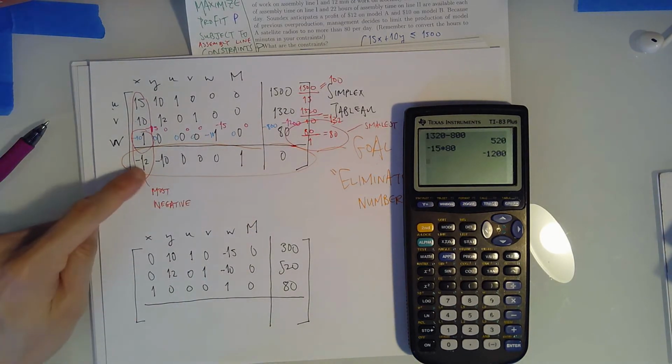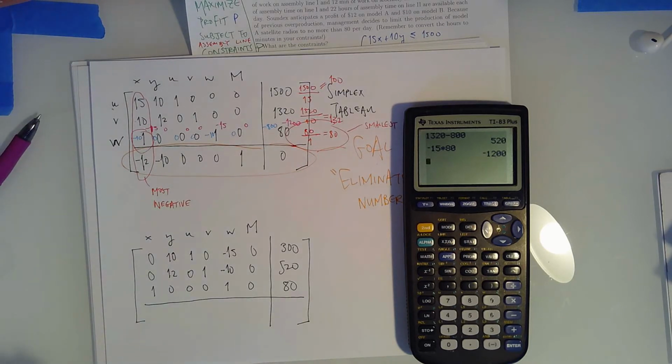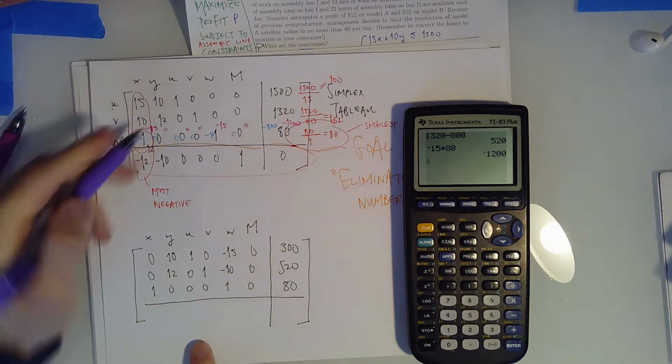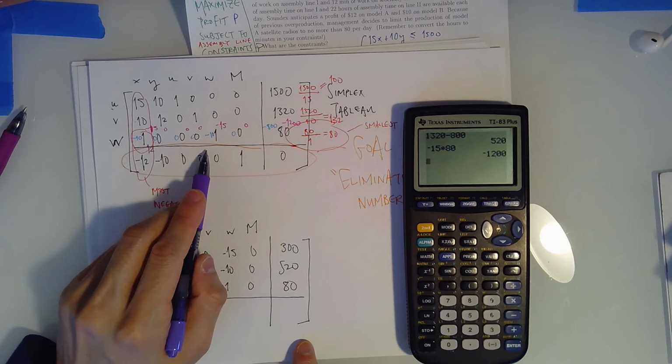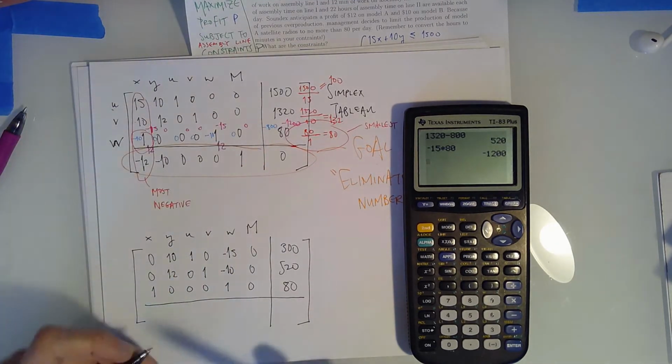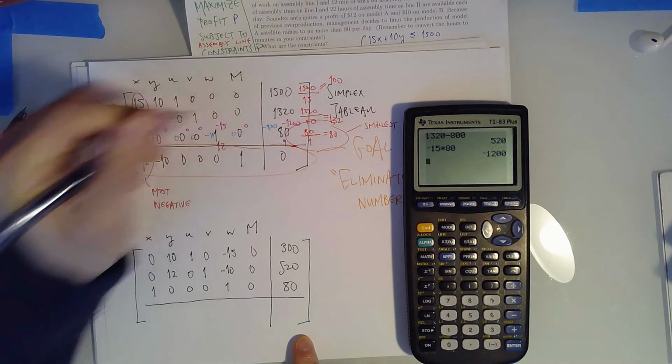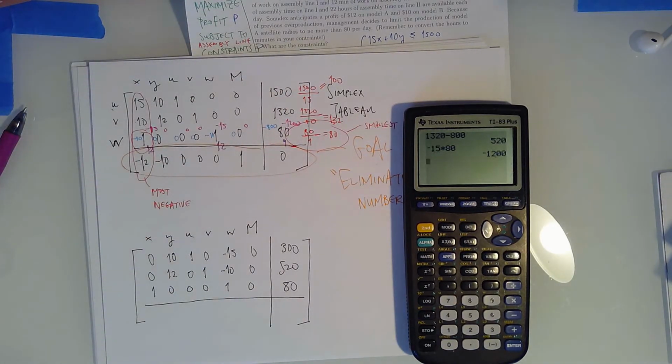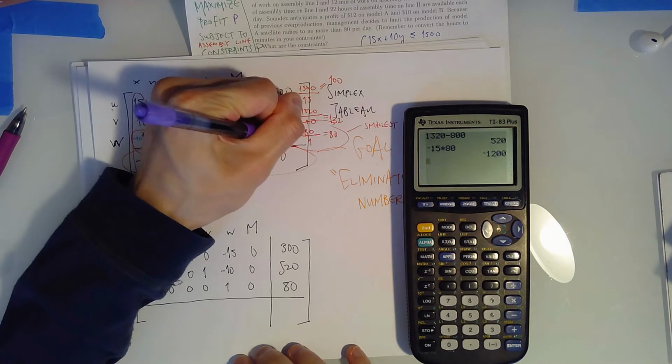Okay, and then finally we just have to do this last row here, and we just have to multiply by positive 12. Okay, so positive 12. So I'm just going to ignore these because these are just all zeros here. Positive 12, this is still 0, and then 12 times 80. Well, 12 times 8 is 96, so this will be 960.